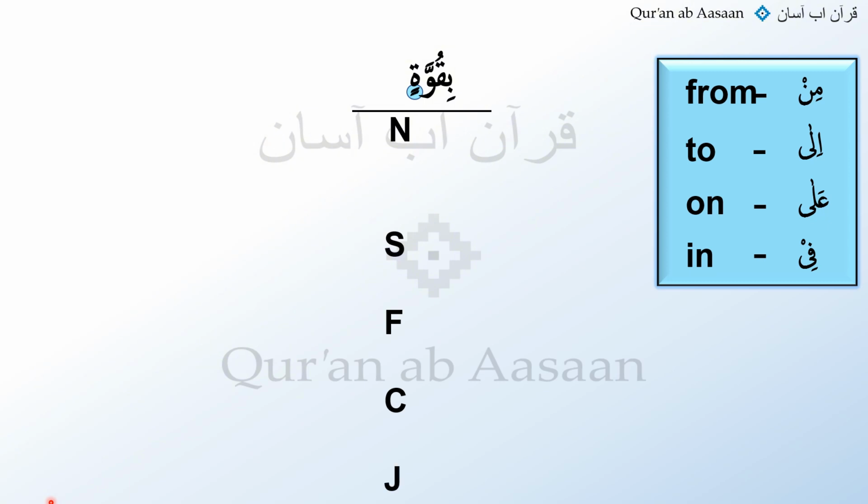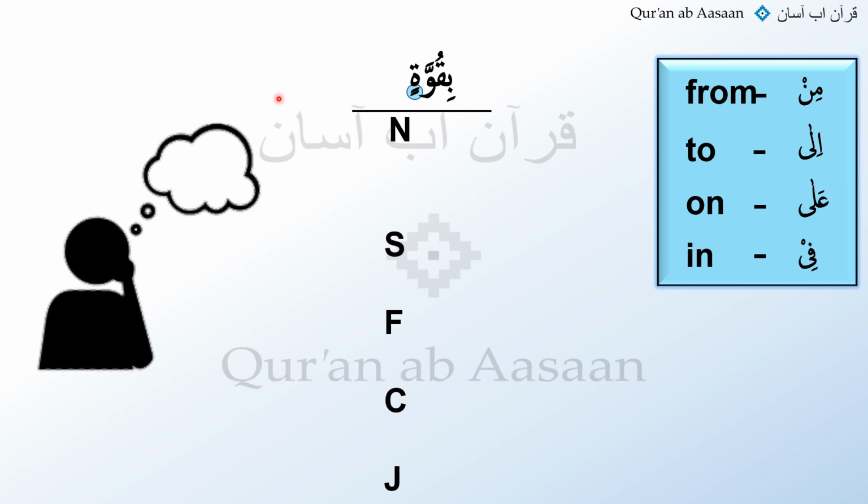But why is it in jar? There has to be a reason for a noun to be in jar, right? Originally, it can't be in jar unless there is a reason for it. And we have just learned that a reason for a noun to be in jar is because there is a harf jar behind it. I can't see any harf jar behind it.